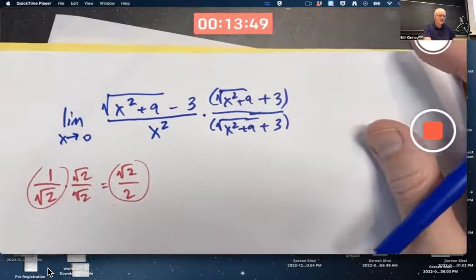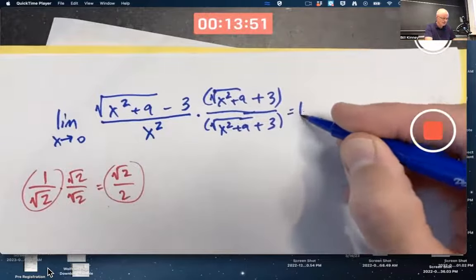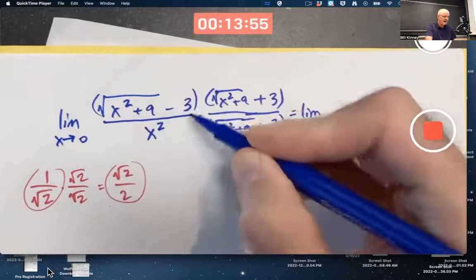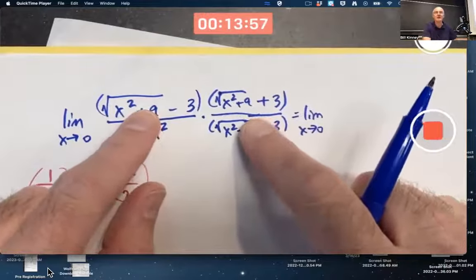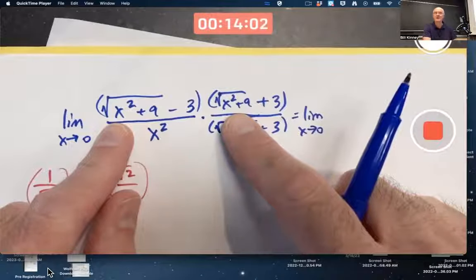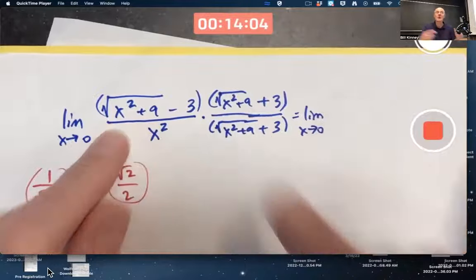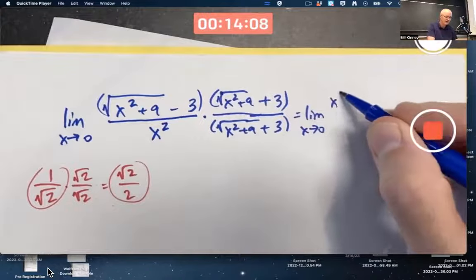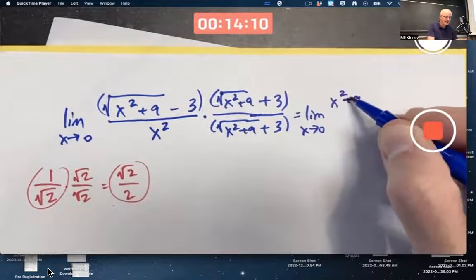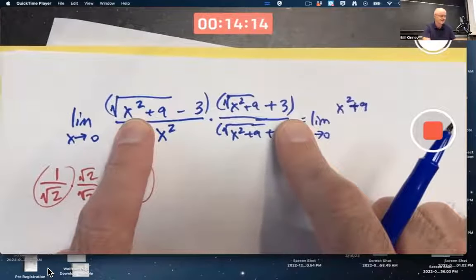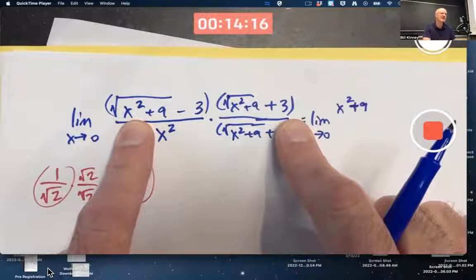Tricks of the trade. Does this really help it? It seems like it might make it worse. Well, you got to FOIL the top, right? You got the product of two binomials with two terms. First times first, square root of x squared plus 9 times itself. The square root goes away, giving you x squared plus 9. But wait, there's more. There's outside times outside. 3 times square root of x squared plus 9.